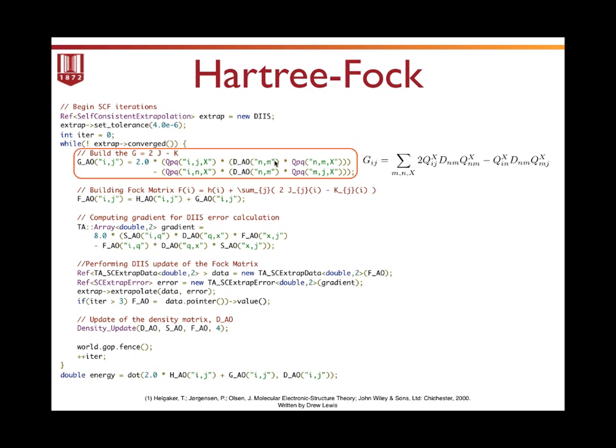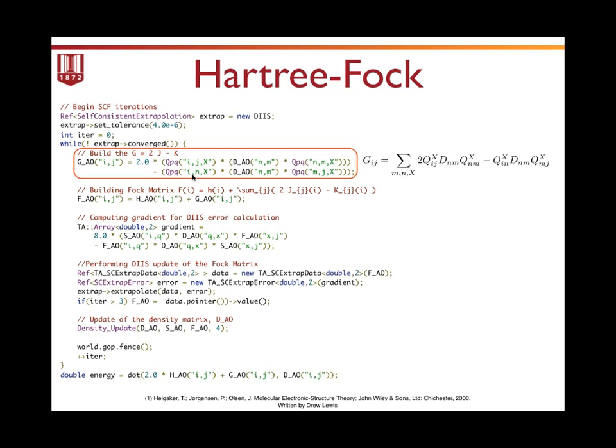So QPQ is used 4 times in this expression, DAO is used twice. But the indices for each of these are slightly different. It just uses the same data for the computation of G, but it combines them in different ways. It sums over different loops, or sums different elements in the loops.